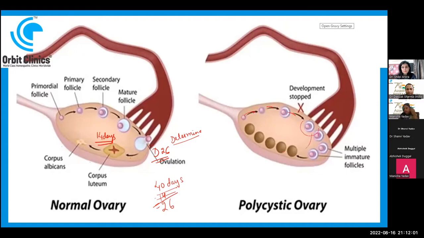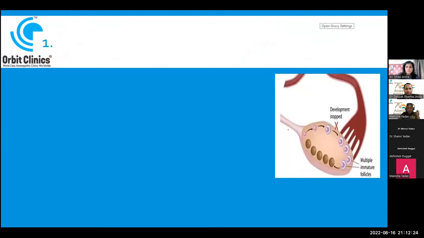They remain inside the ovary with a cystic appearance, the cycle keeps going on, and none of the follicles ovulate. This collection of immature follicles gives the polycystic or pearl-like appearance in ultrasonography.